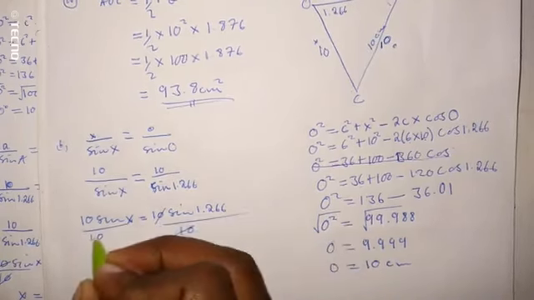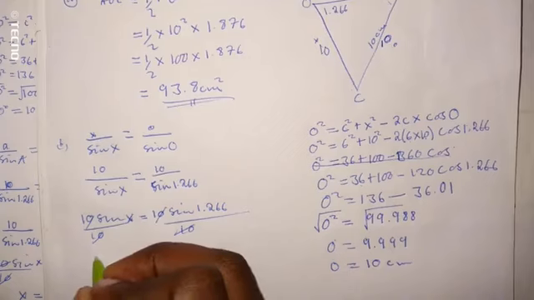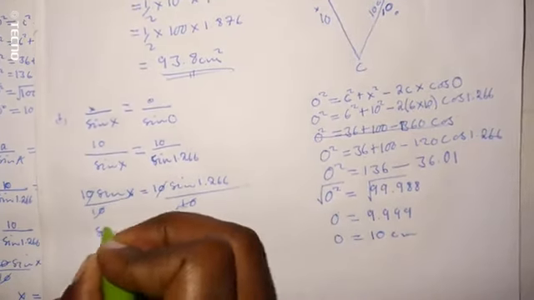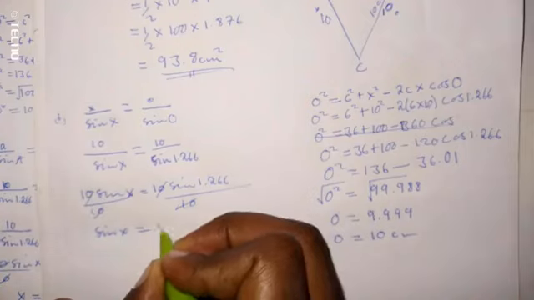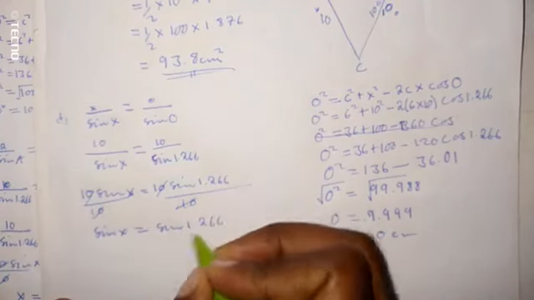The 10 goes, there will remain sine x is equal to sine 1.266.